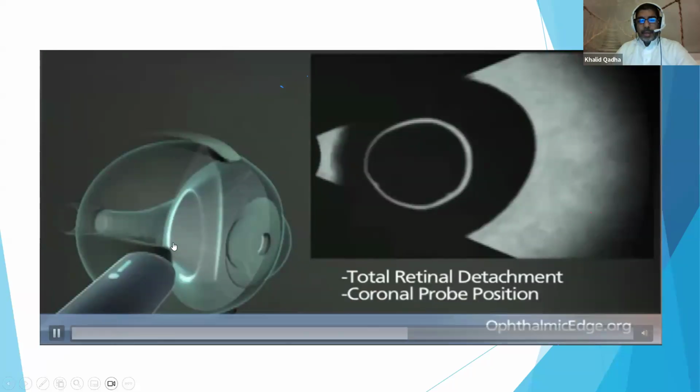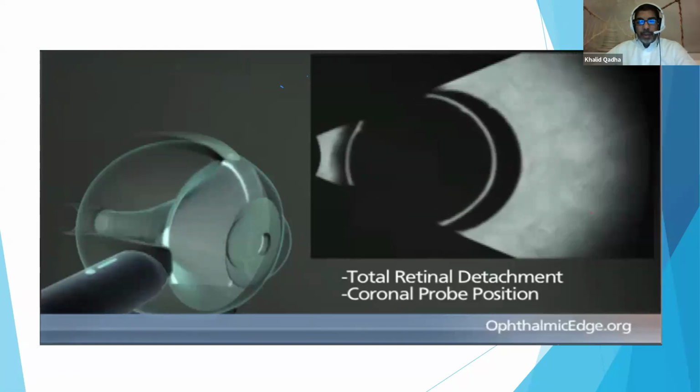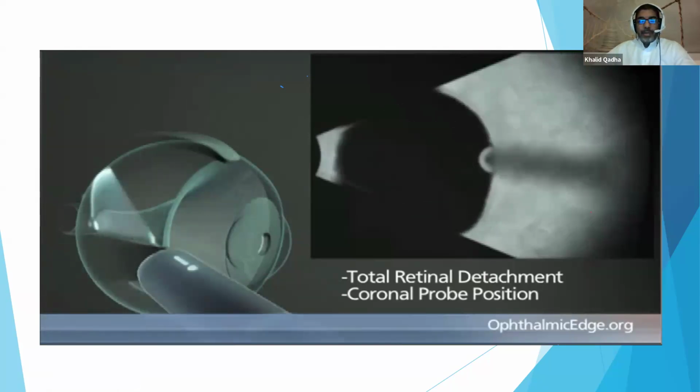As you see, the probe is going through the retinal detachment, and you see a circle, which is representing the retina, with open detachment. If you move it, it's going bigger. If you go back, you see it's going smaller up to going into the optic nerve.